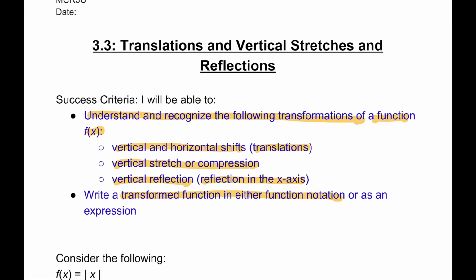We're going to lean heavily on what we did in Unit 1 when we looked at function notation. That's going to come heavily into this unit, so we have to get a firm understanding of it. And then the next part is writing it as an expression, which really isn't new, but we should look at how to go back from an expression to function notation and vice versa.